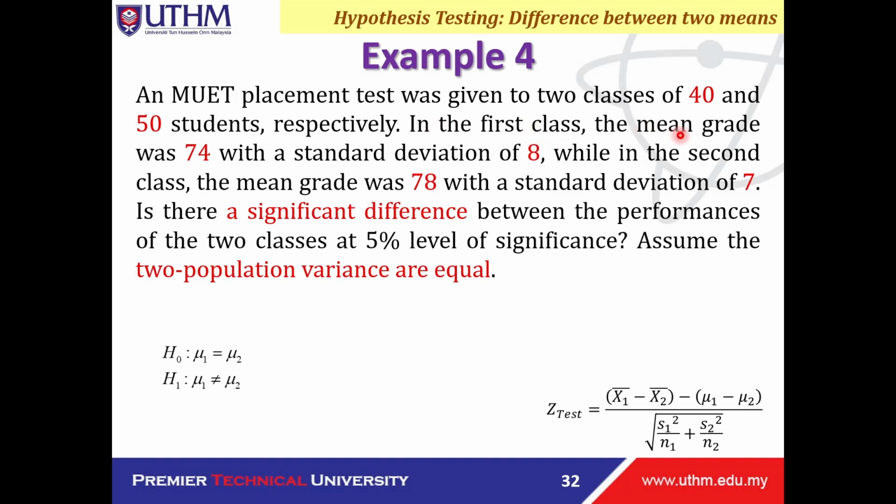The population variances are unknown, so it's case C. In the second class, the mean grade was 78 with a standard deviation of 7. Is there a significant difference between the performance of the two classes at the 5% level of significance? Assume the two population variances are equal.